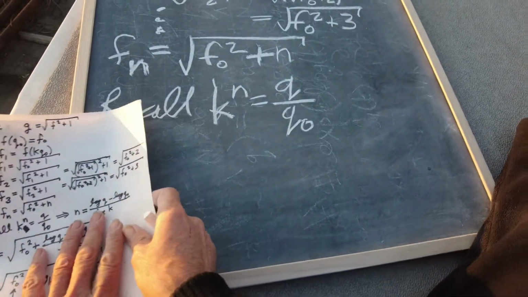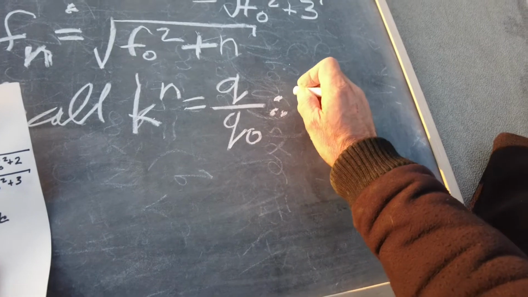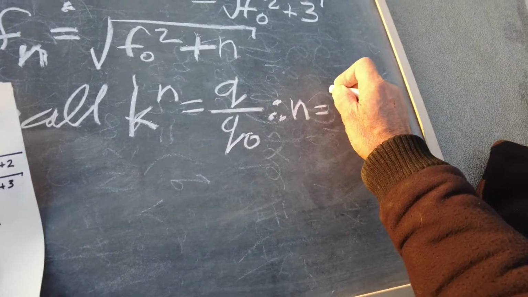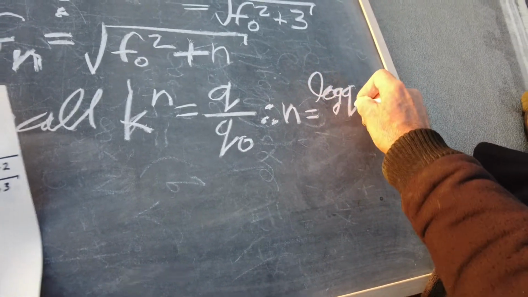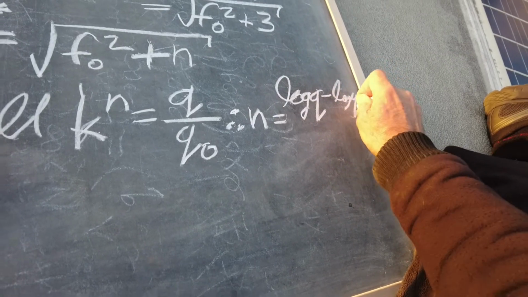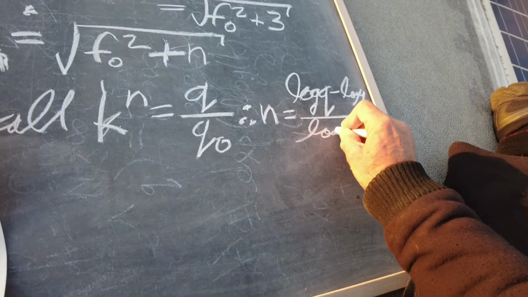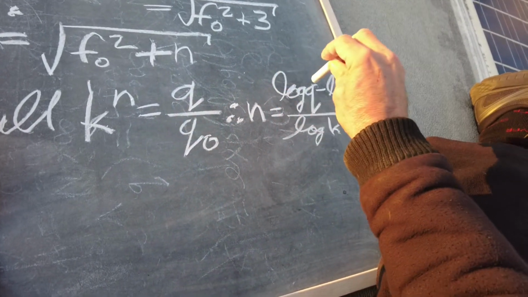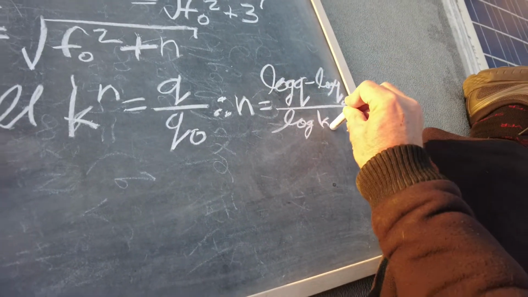Or simply written in the other form that you would more readily use, n equals log q minus log q0 over log k. So n is equal to the logarithm of q minus the logarithm of q0, over the logarithm of k.